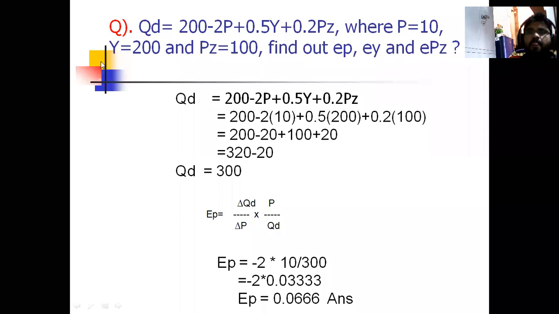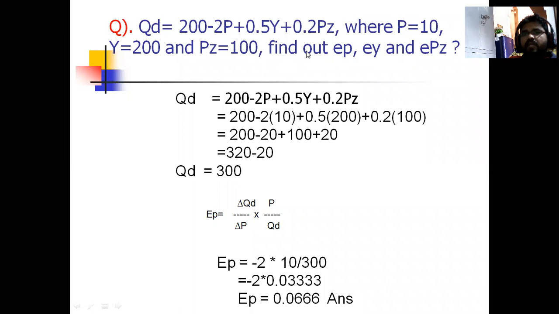For example, they will ask: QD, quantity demand, is equal to 200 minus 2p plus 0.5y plus 0.2pz, where p is equal to 10, y is equal to 200, pz is equal to 100. Find out EP, nothing but elasticity of price, elasticity of income, and elasticity of price of substitute goods or other goods, for example pz.